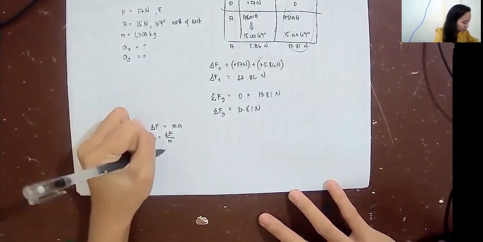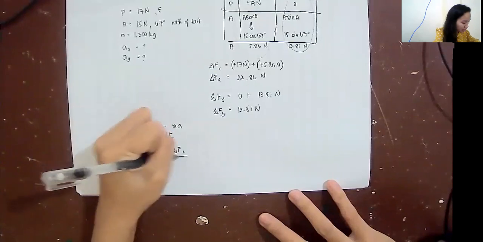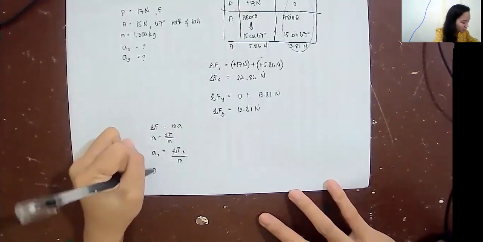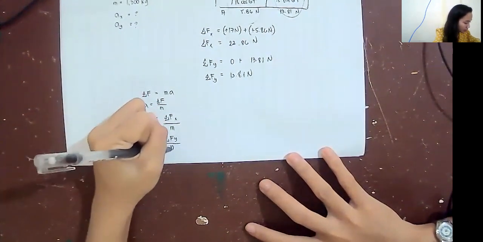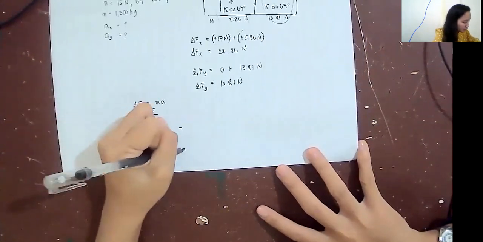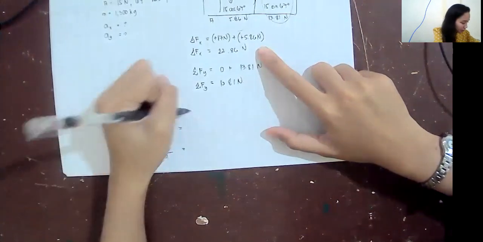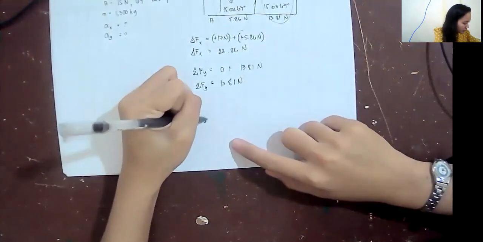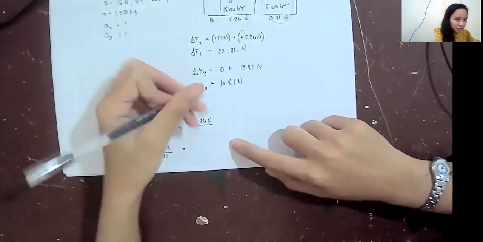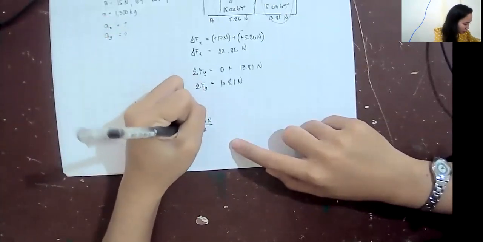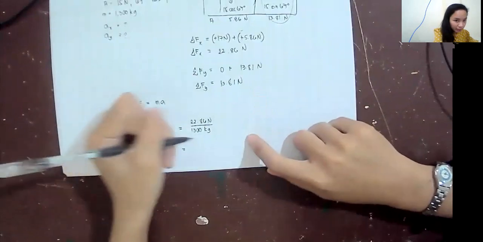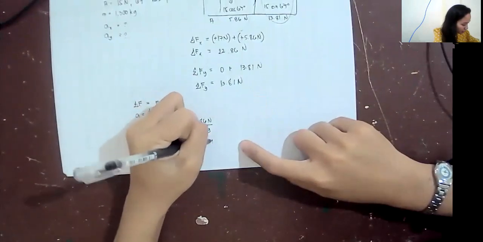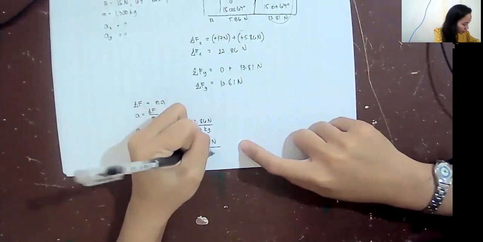So for ax, we have all forces along X divided by m, and for ay, all forces along y divided by m. Then you substitute the values. For x, we have 22.86 newtons divided by your mass, 1,300 kilograms. And for ay, your forces along y, 13.81 newtons divided by 1,300 kilograms. And then you calculate this.